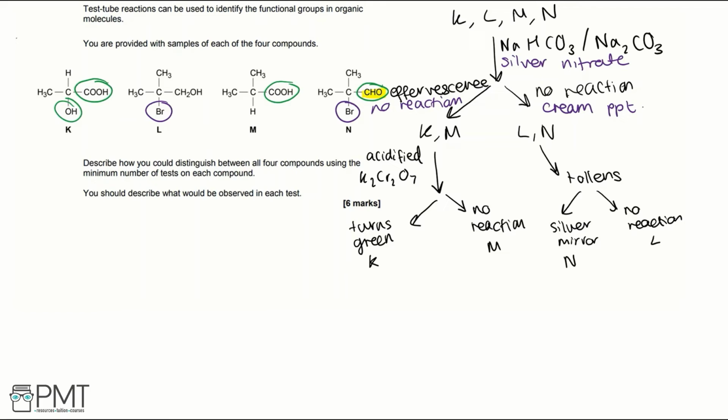Stage 2 is that you have a second test to distinguish within a group or to separate into 2 further groups. So we've distinguished within groups using either acidified potassium dichromate solution or Tollens reagent. Then stage 3 is a third test which leads to a set of results and observations which distinguishes between all 4 compounds.